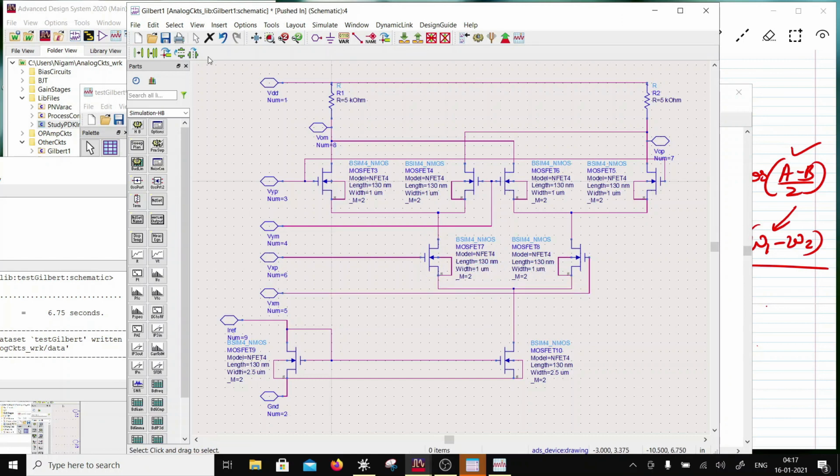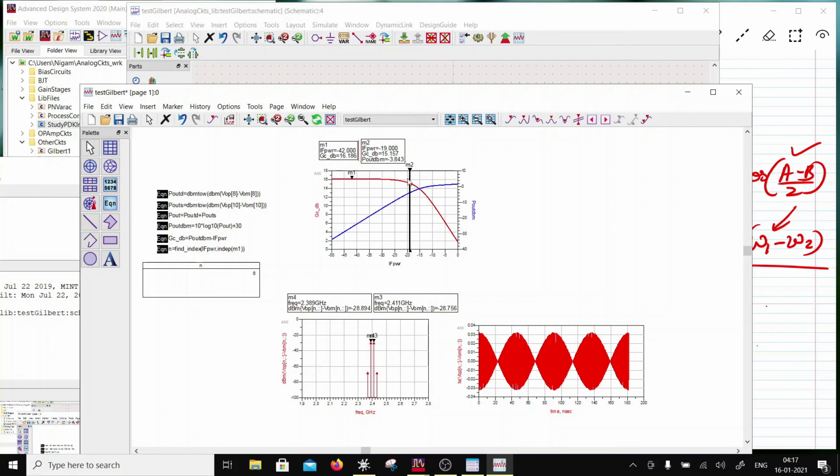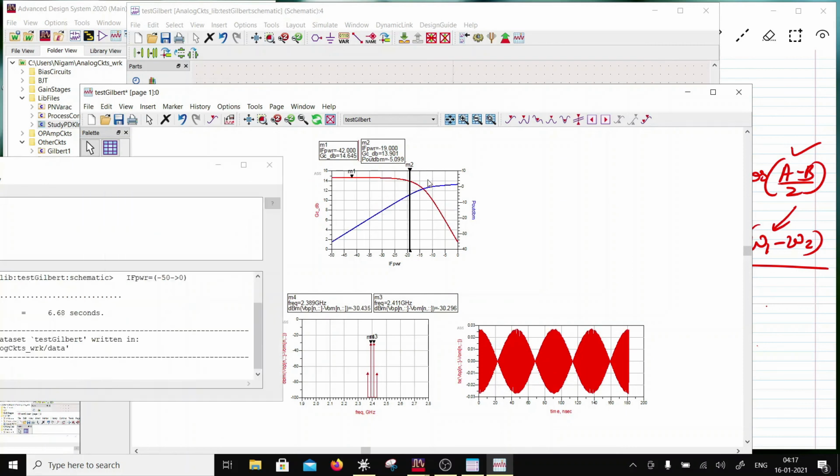Okay, let's see what happens now. Simulate. This has to move out. Yeah, so the gain is reduced, but the compression point will move out.